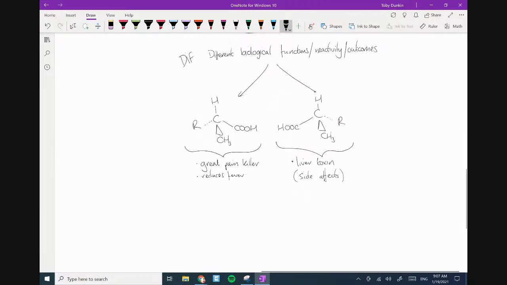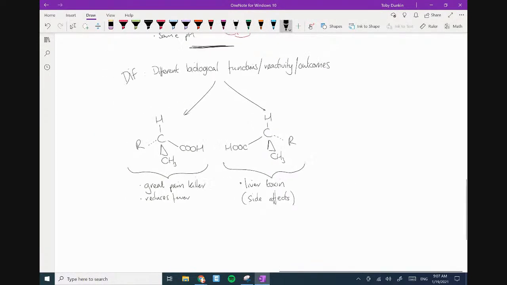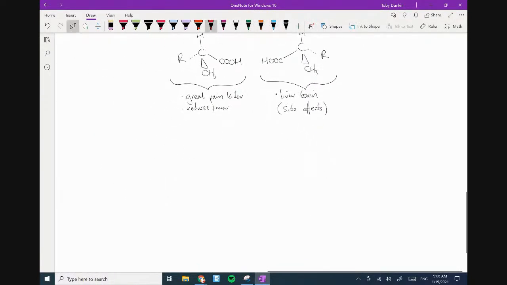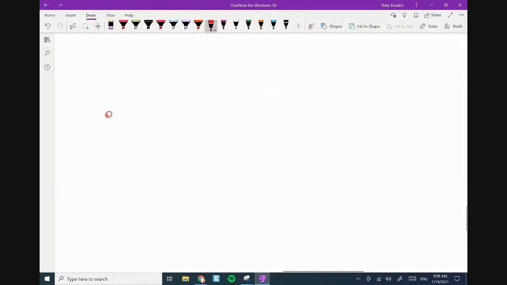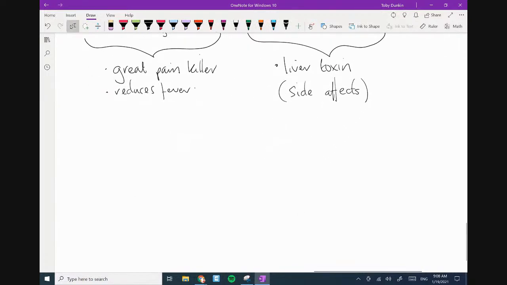Because of the mechanism, nota bene again, folks, and this is a really important one for drugs.